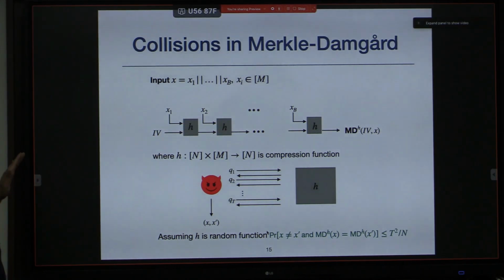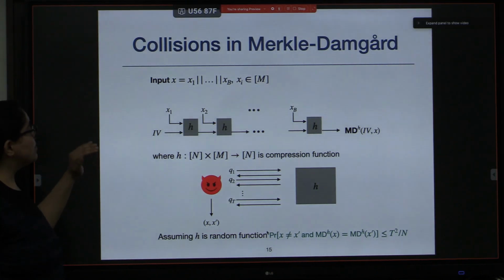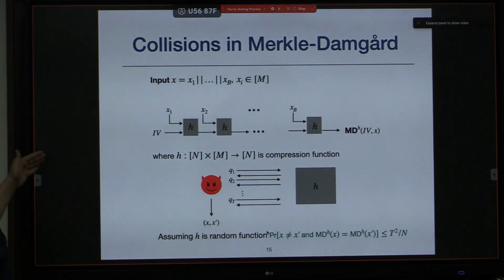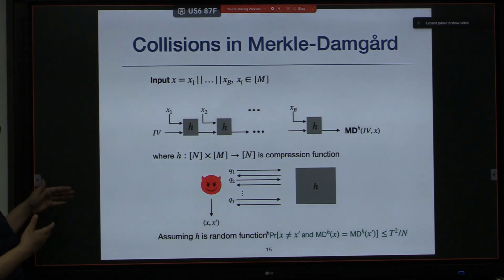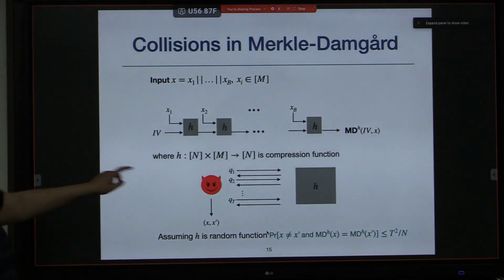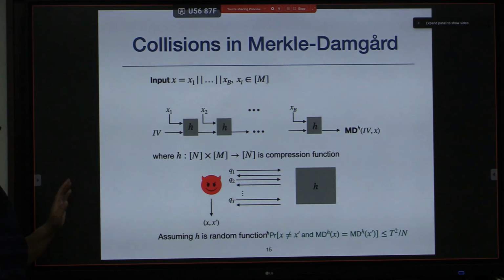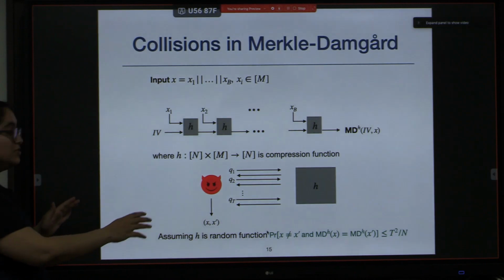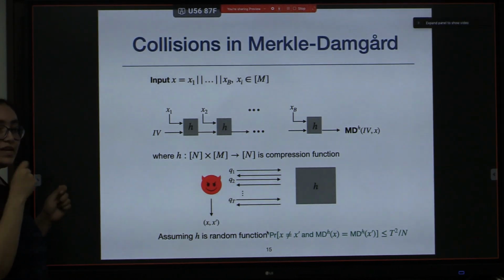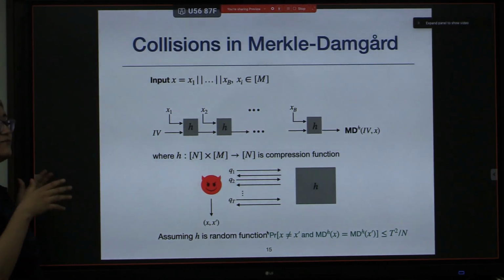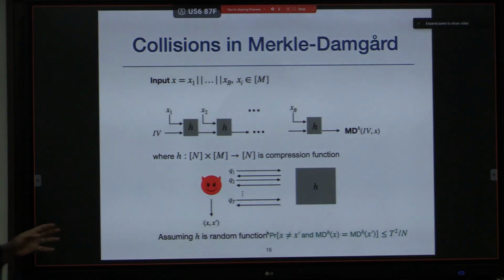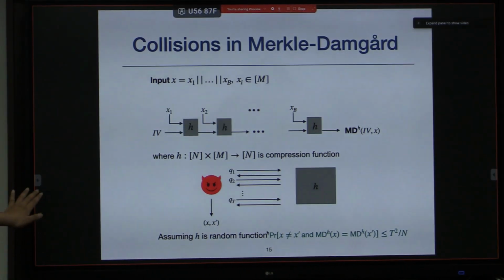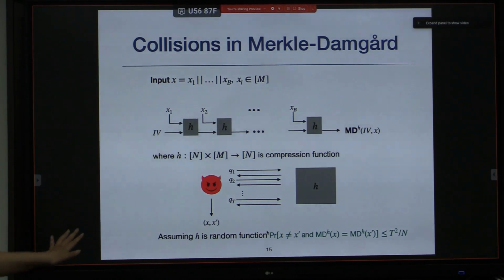So how we model it, we think of this compression function as a random function, and then this adversary gets to make T queries, and it has to output two distinct messages that have the same output under MDH. So you are querying the little h, which is the compression function, but whatever two messages you output, they have to have a collision under MDH. And it has been shown that again the advantage is at most T square over n.